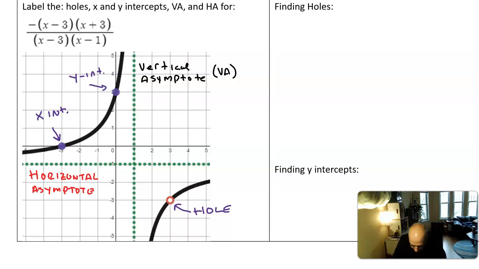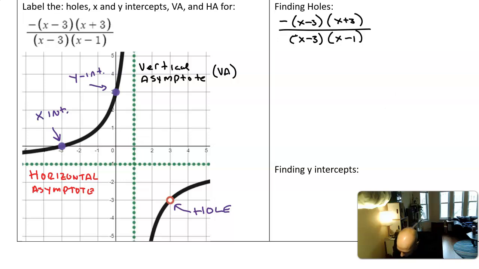Well, when you have a rational function, so I'm going to copy this equation over, and you have a common factor on the top and bottom, so it has to be factored, and this one came to us factored, but we might have had to factor it out, you can cancel that common factor.